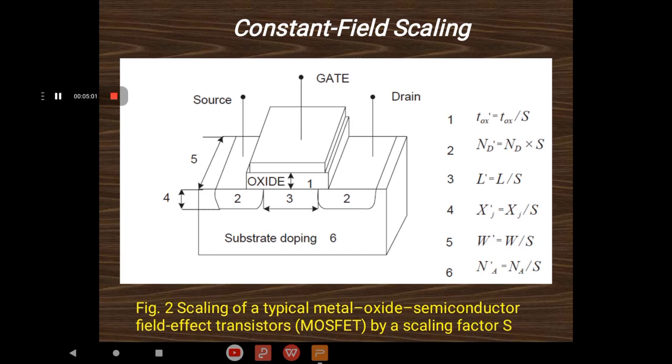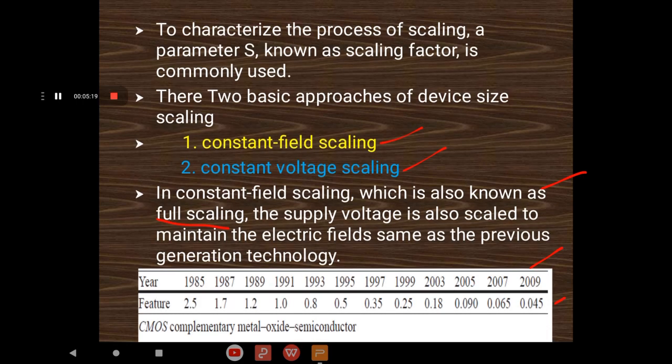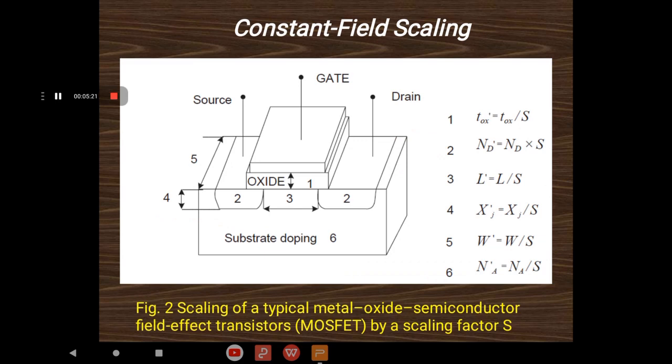That means before scaling the oxide thickness is treated as TOX, and after scaling the device dimension is treated as TOX', where S is nothing but a scaling parameter. With the help of the scaling parameter we will consider the remaining approaches. So let us see this one by one.